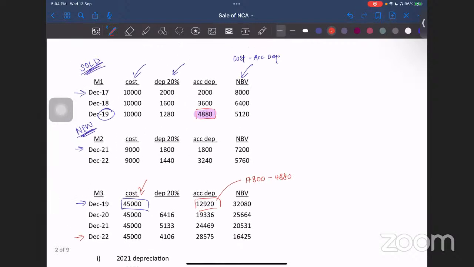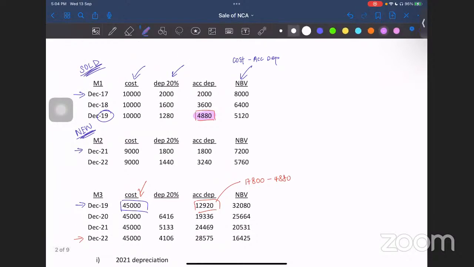Okay, so with this table, I can actually answer the question already, of what's the depreciation of 2021 and 2022. The idea is the same. For 2021, I'll look at all the 2021 rows. I'm interested in depreciation, so I'll look at the depreciation column.